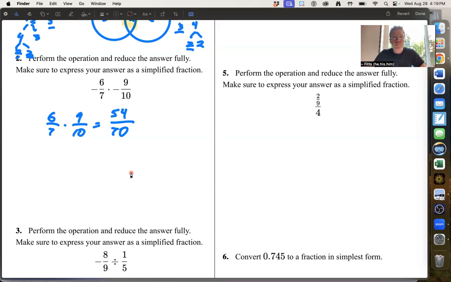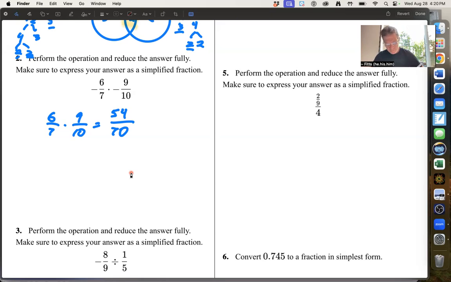All right. What is the greatest common factor for these two? Well, I know it's divisible by 2, right? They're both even, and we're going to talk about divisibility rules later.